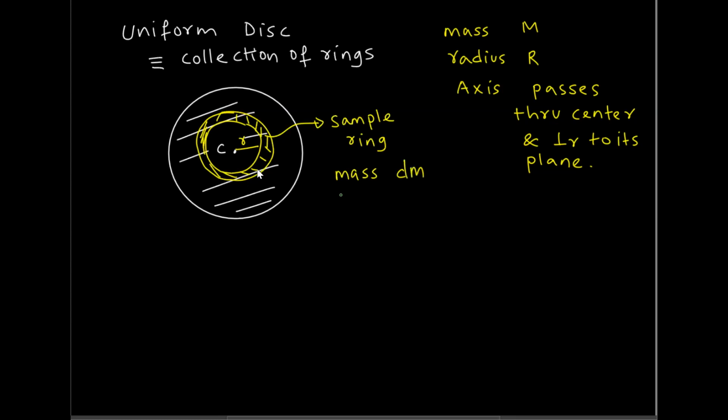The radius is r and the thickness of this ring is dr. Now, since we are treating it as a collection of rings, the moment of inertia of the disk is the integral, the summation, of the moments of inertia of a sample ring. Now, what is the moment of inertia of a sample ring? Mass, I'm taking it as dm.